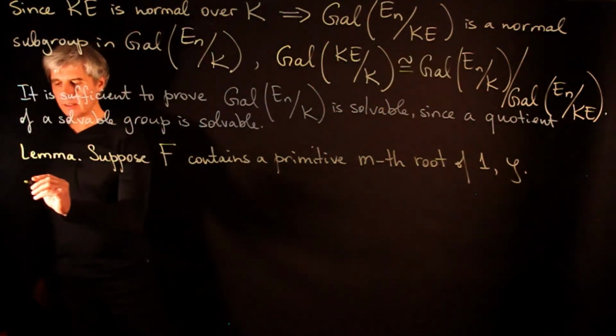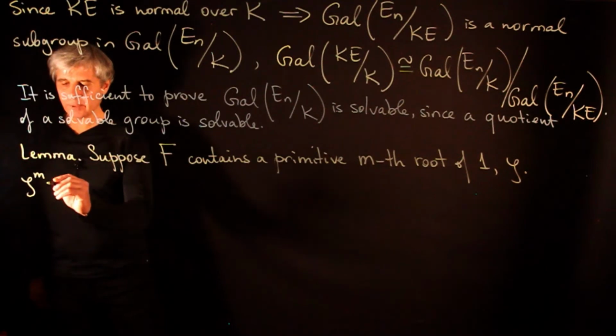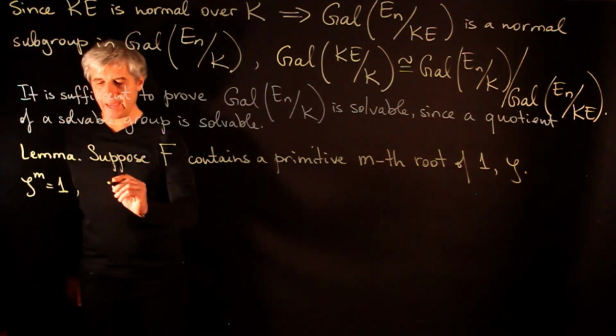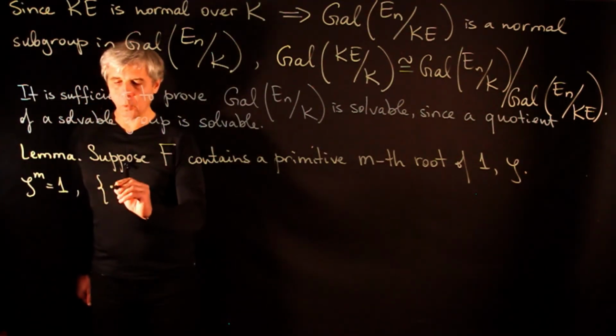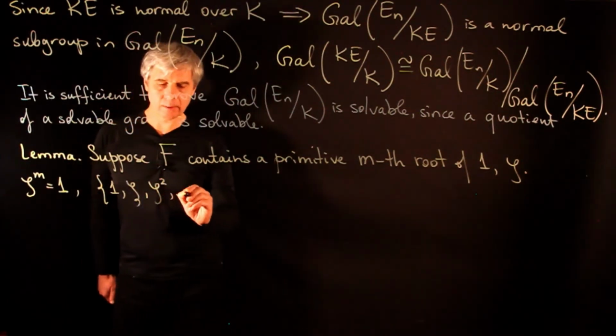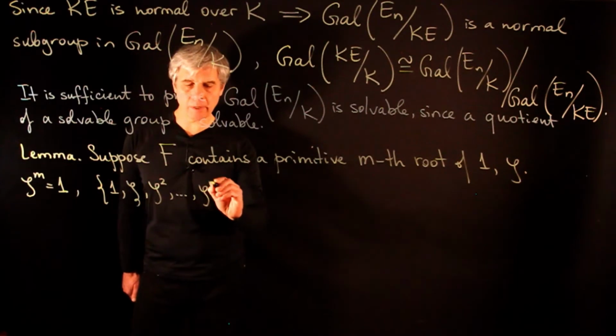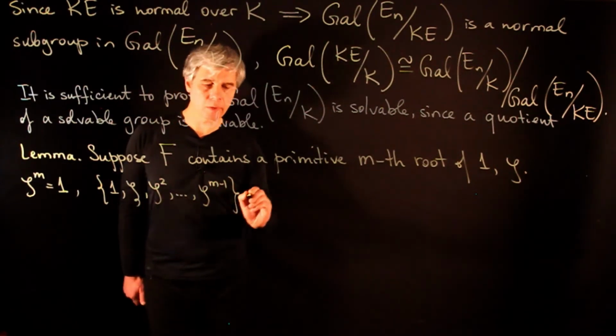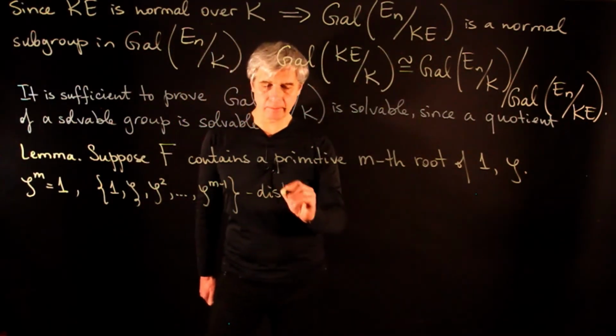So this means that zeta to the power m is equal to 1, and the set 1, zeta, zeta squared, up to zeta to the power m minus 1, these elements are all distinct.